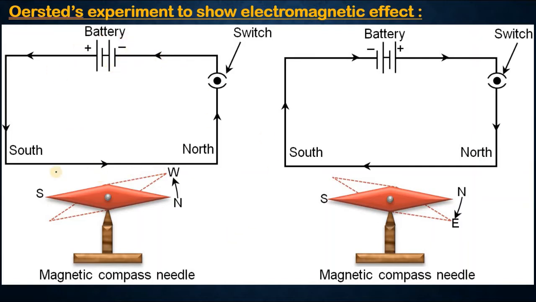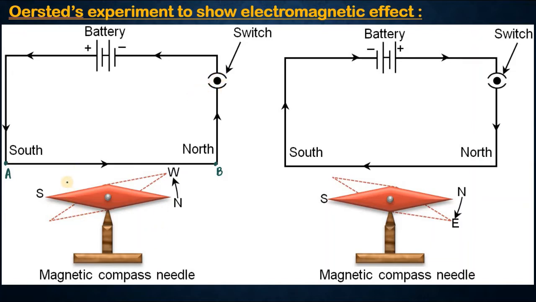He considered a conductor, for example AB, placed in the north-south direction, and that conductor is connected to a battery along with a switch or plug key.